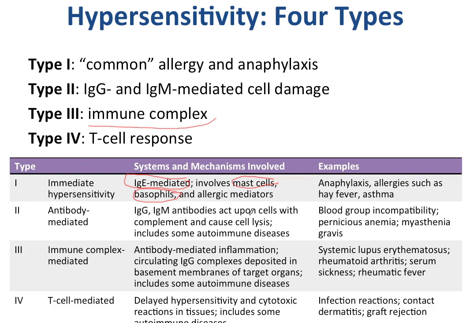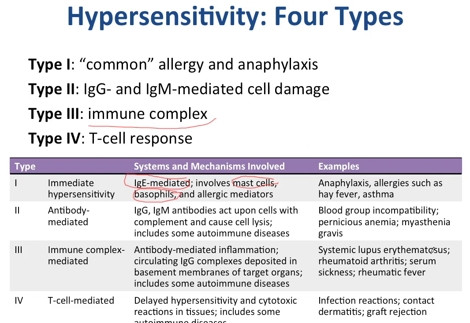Type 2 is mediated by antibodies such as IgG and IgM. Those antibodies can induce cell lysis and tissue destruction. Good examples would be pernicious anemia and myasthenia gravis. Type 3 is the immune complex, antibody-mediated inflammation.